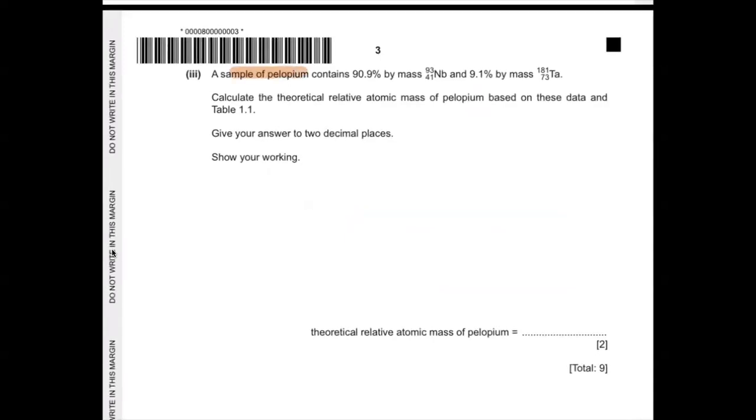Now, a sample of fallopium contains 90.9% by mass of niobium and 9.1% by mass of tantalum. Calculate the theoretical relative atomic mass of fallopium based on these data.